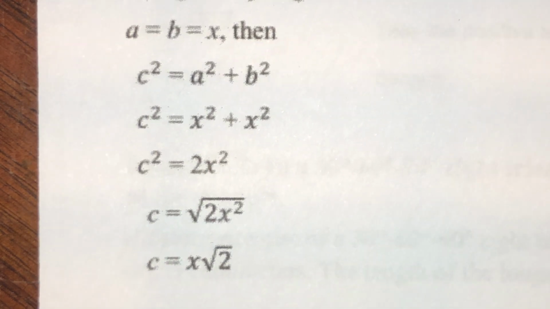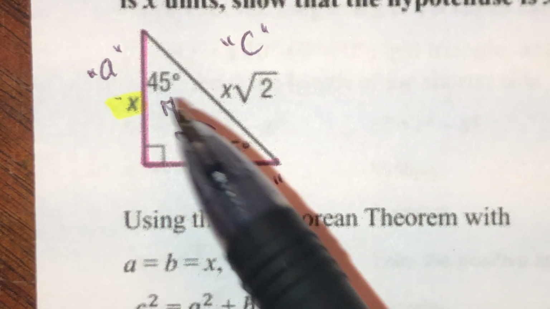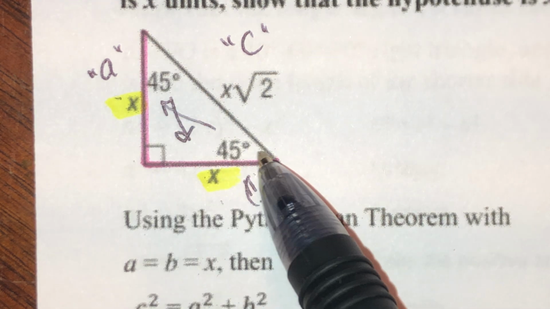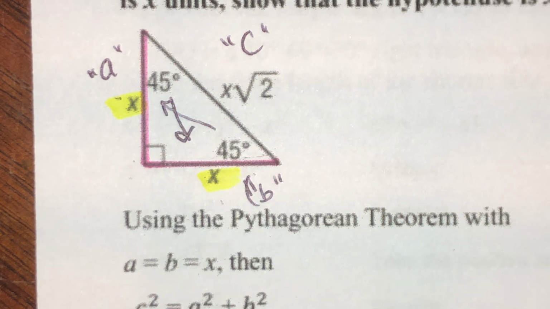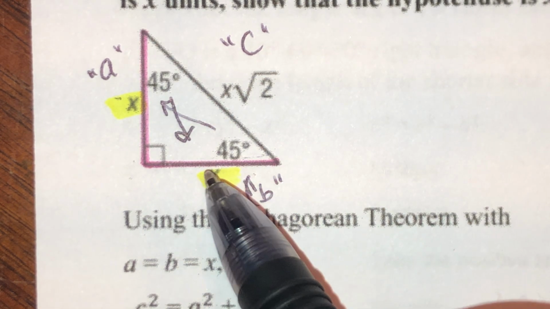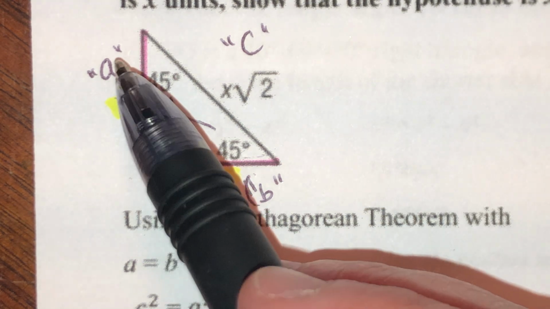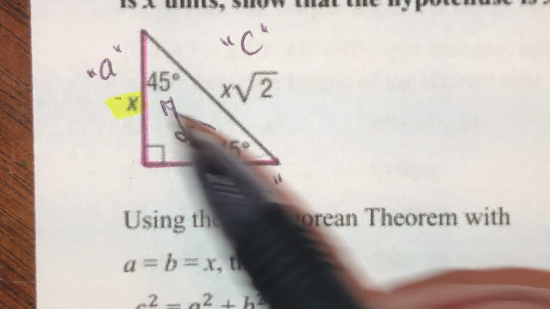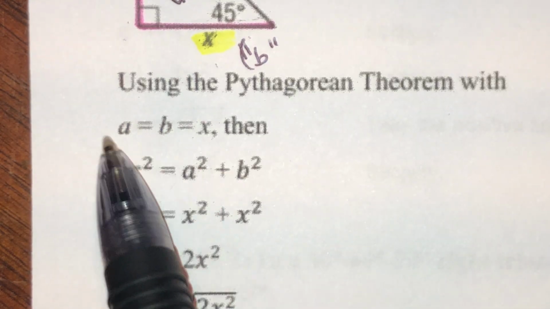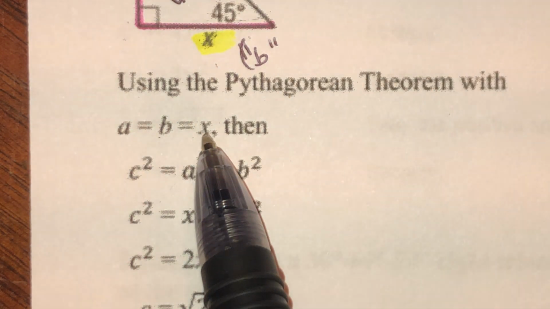Since it's a 45, 45, 90, A and B are equal. We're going to say they have a length of x. So A is equal to B, and they're both equal to x. A and B are the same size, and that size for right now is x.